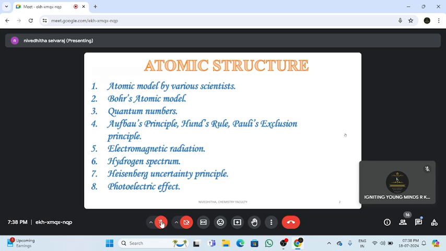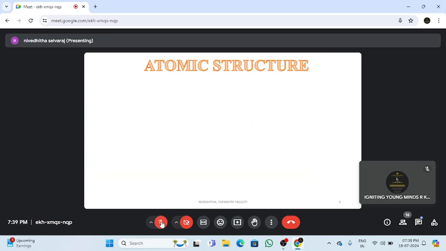You are familiar with those formulas, right? To calculate energy, velocity, momentum, and all that. What is the formula to calculate the energy of an electron? Minus 13.6 Z square by n square, ma'am.